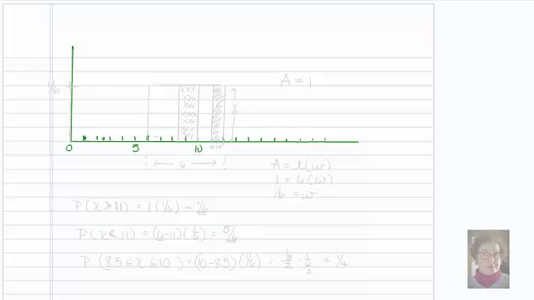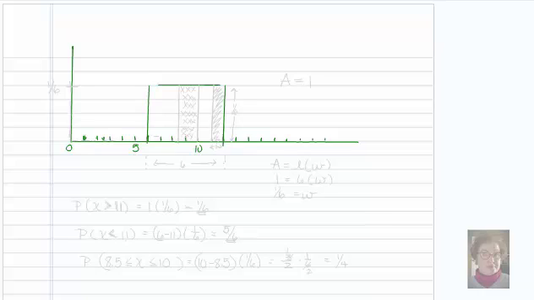So I'm simply going to put those on my graph, and right now I'm giving them an arbitrary height. And notice when I have a uniform distribution, the shape of the distribution is a rectangle.